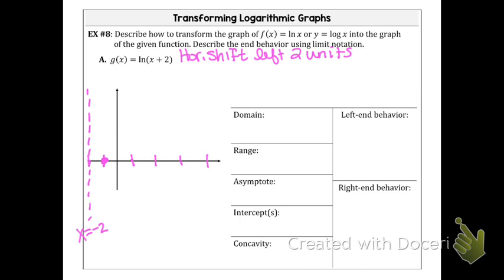So I'm going to go ahead and fill this in. So we said we had a vertical asymptote at x equals negative 2, and our x-intercept is at (negative 1, 0).